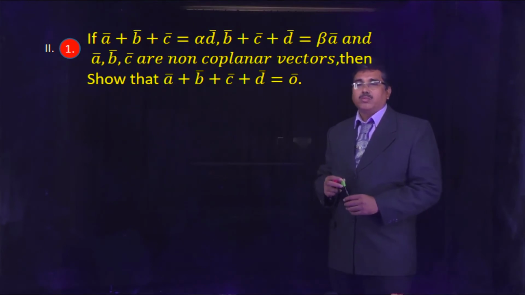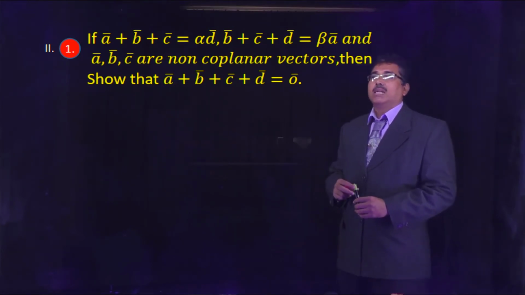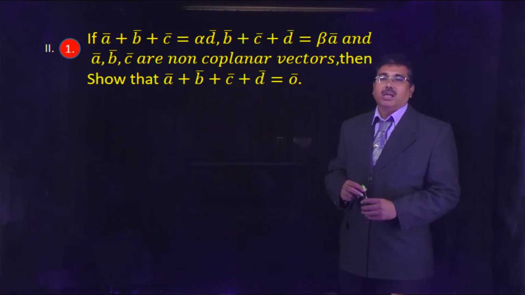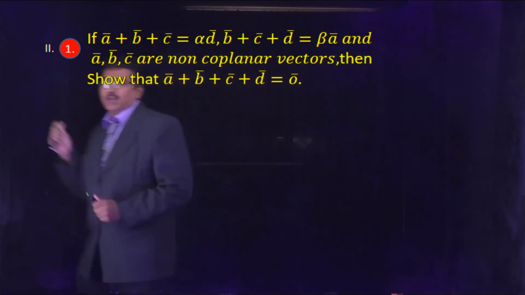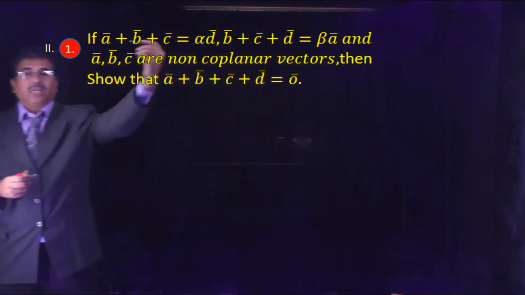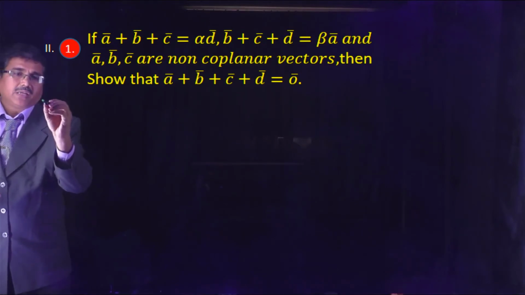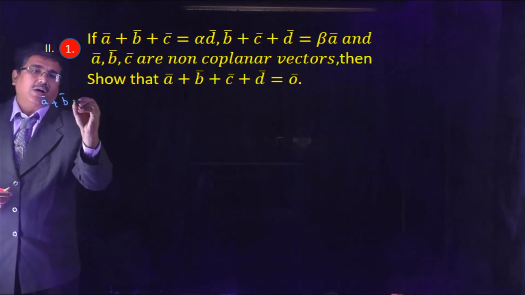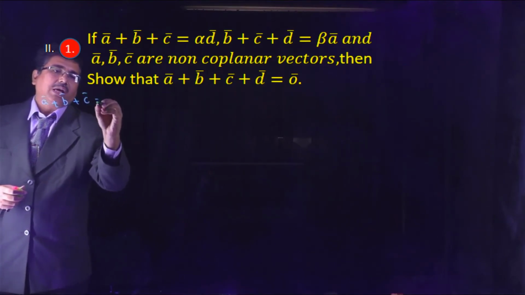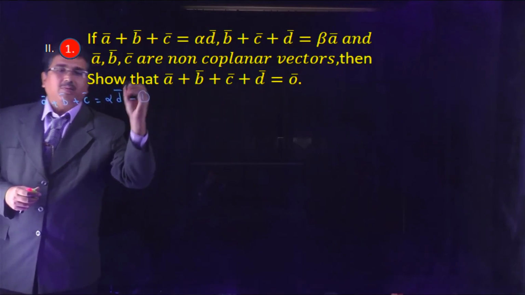How to prove this? Here two relations are given. The first one is a bar plus b bar plus c bar is equal to alpha times d bar, that is relation 1.